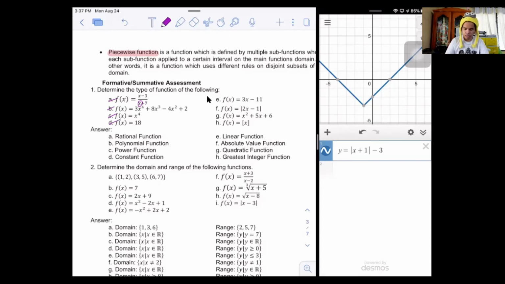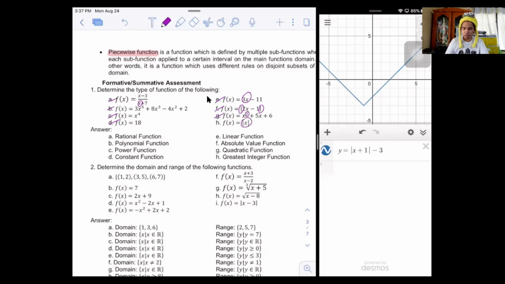For letter E, look at the highest exponent. It's 1. That makes it linear. For letter F, na symbol for absolute value. That is why it's absolute value function. For letter G, the highest exponent is 2. This makes it quadratic. And for letter H, take note of this symbol, nagamit siya og bracket.